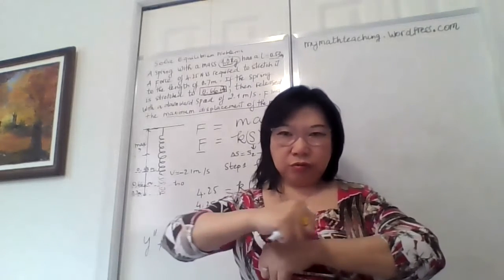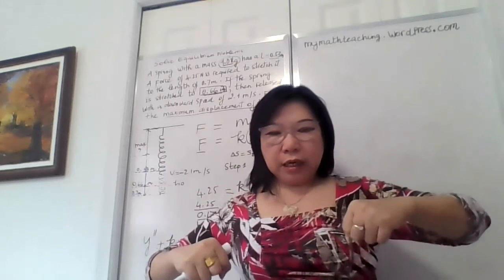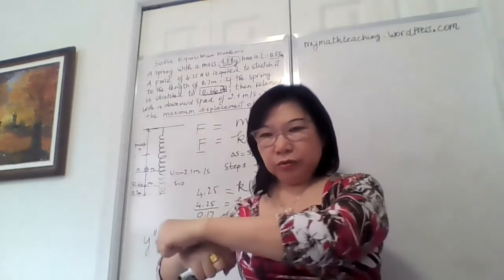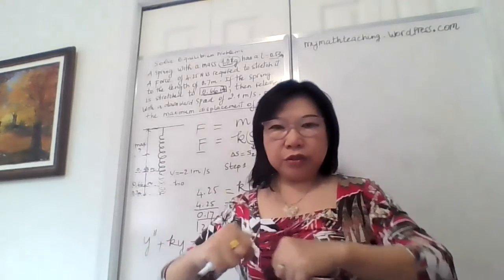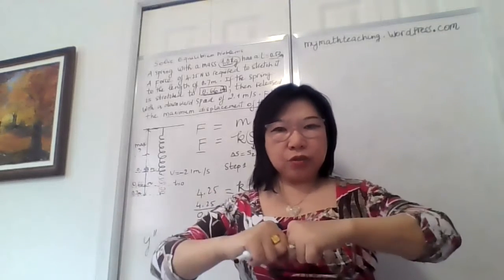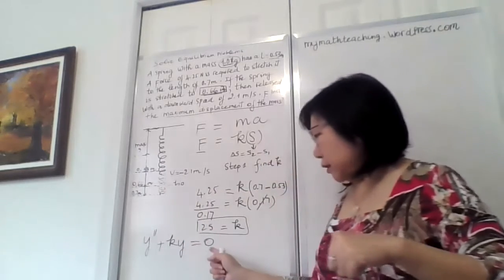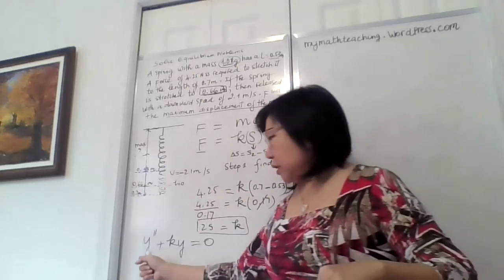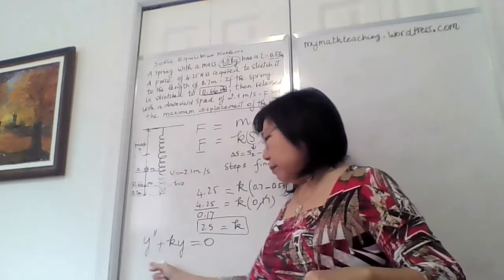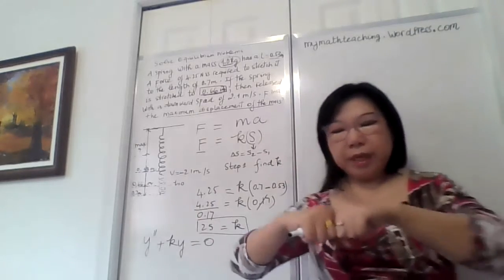The force goes from my right hand to the left, and an equal force goes from my left hand to the right. So they go in different directions. It means one is positive, one is negative with equal magnitude, so they cancel out. Therefore, we have an equilibrium system, and the right-hand side equals 0. If this number is positive and this number is negative with the same magnitude, 5 minus 5 is 0, 6 minus 6 is 0. That is what it means, right?